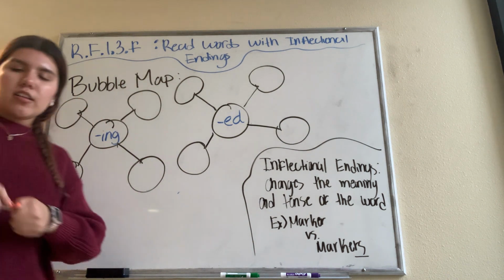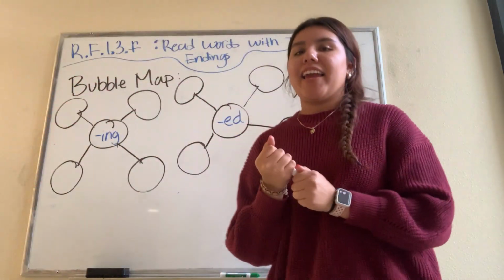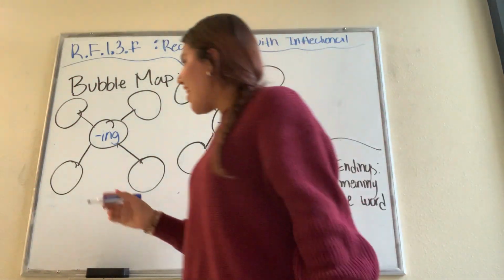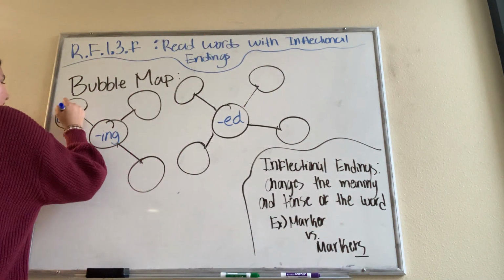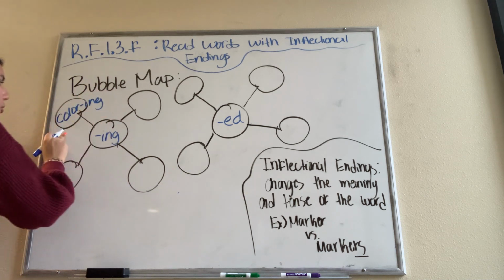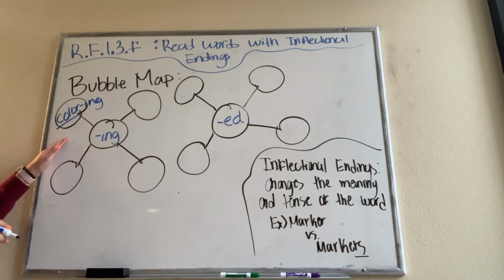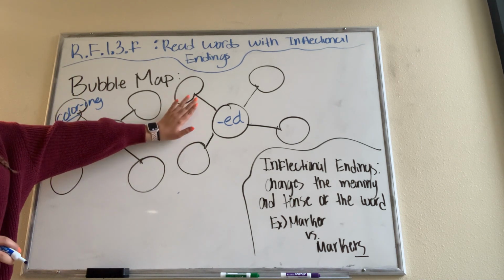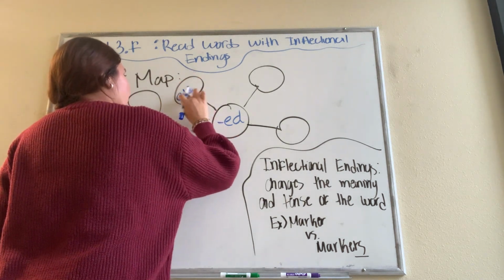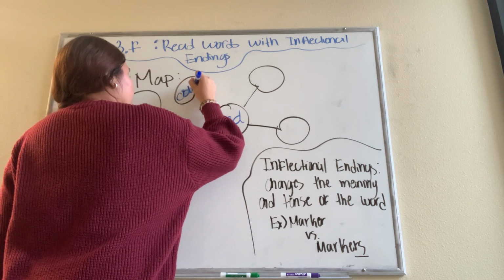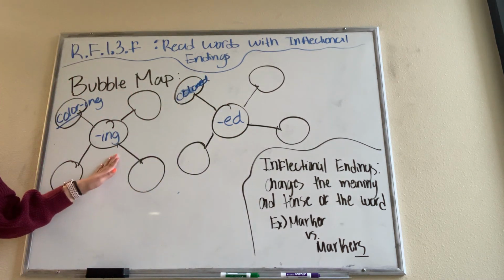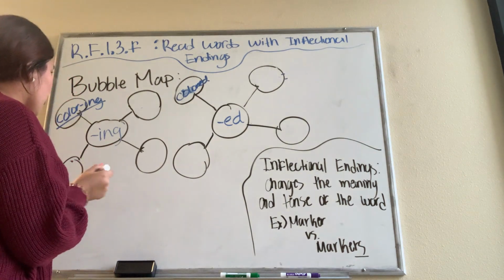So you can give me an example of a word. Coloring can be one. And then if you're using color, so what can we add to ED? And that can be colored. Another example for the word, work, so working.